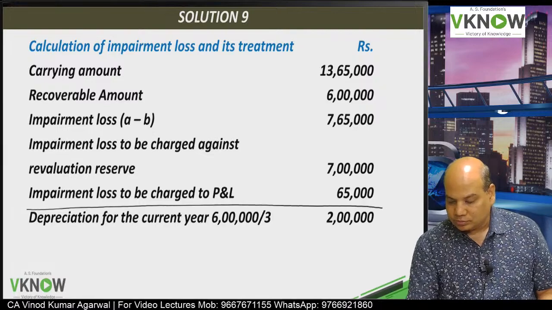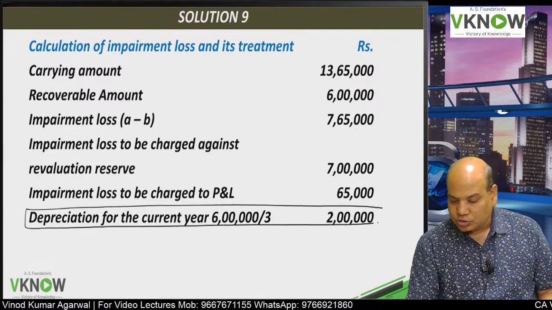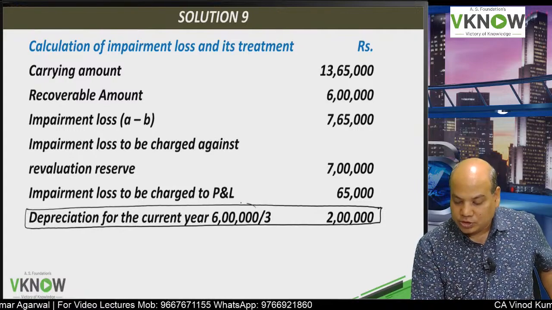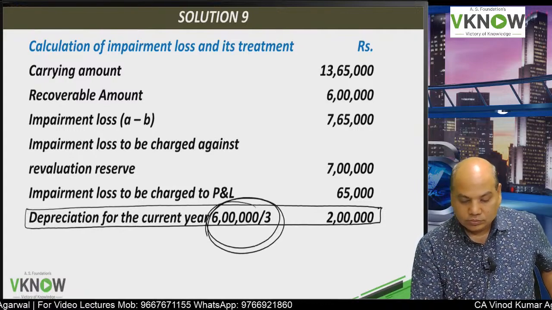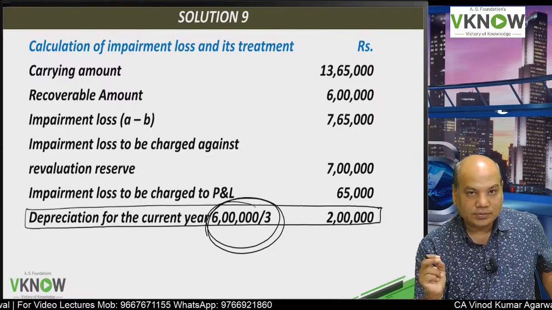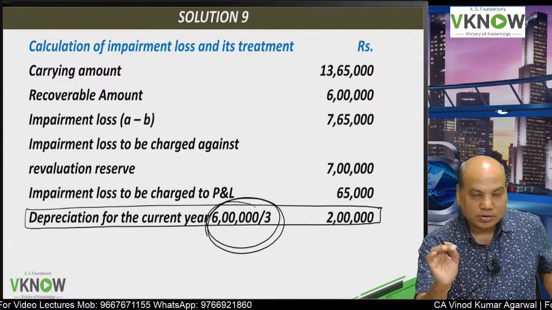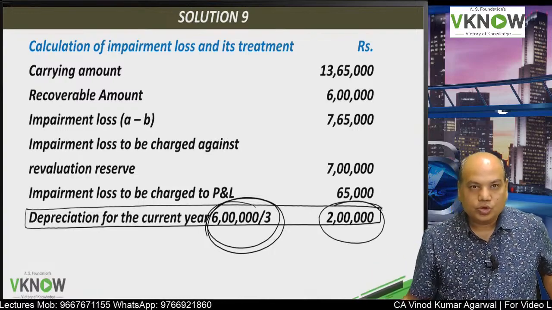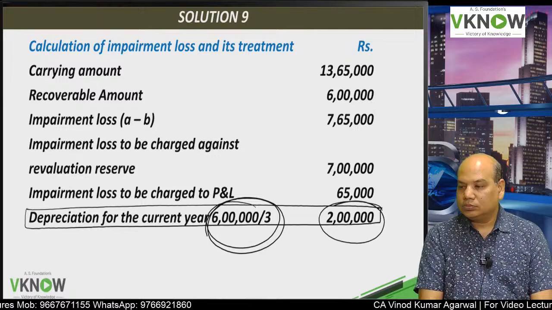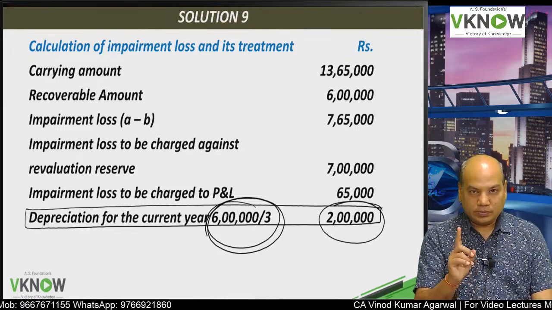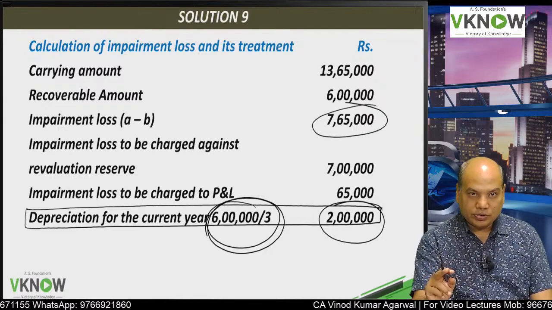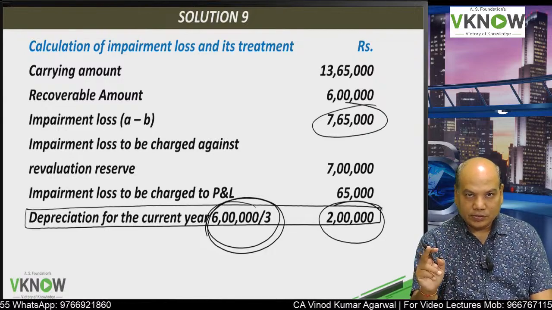After providing for the impairment loss, the depreciation charge will change. Now the revised carrying amount of the asset will become 6 lakh and the remaining life is 3 years. 6 lakh divided by 3 years, the answer is 2 lakh. So your 3 answers are over. First answer, how much is the impairment loss? 7,65,000.